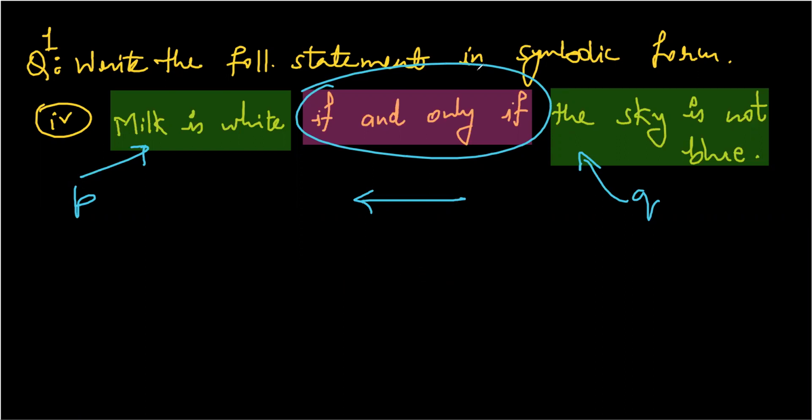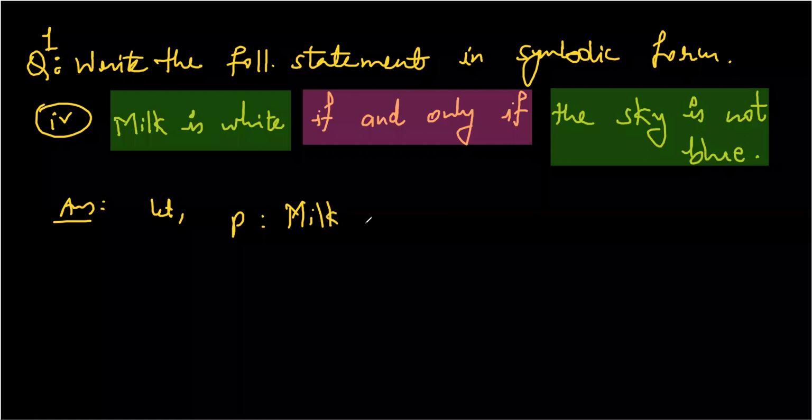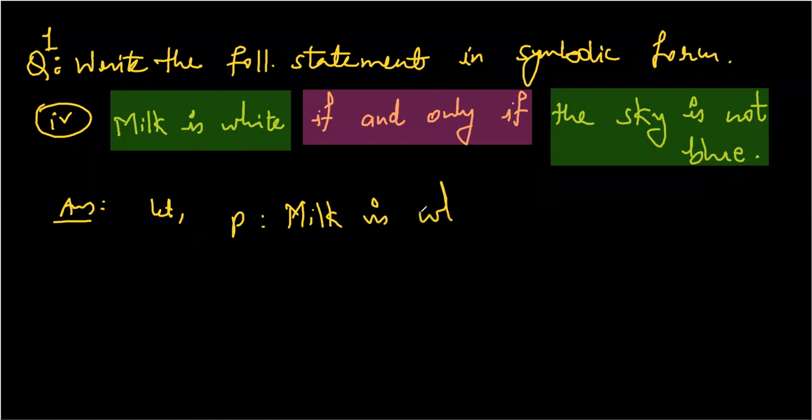Such questions are asked in exams. So I'm giving you an illustration for this. I will write here the answer. Let P be milk is white and Q be the sky is not blue.